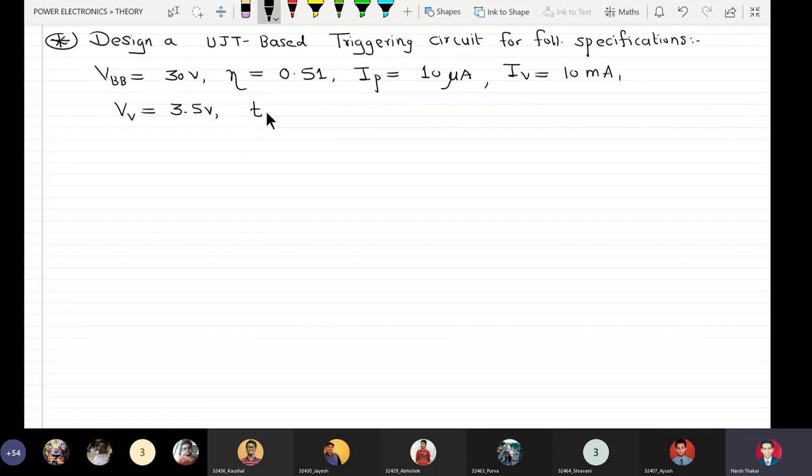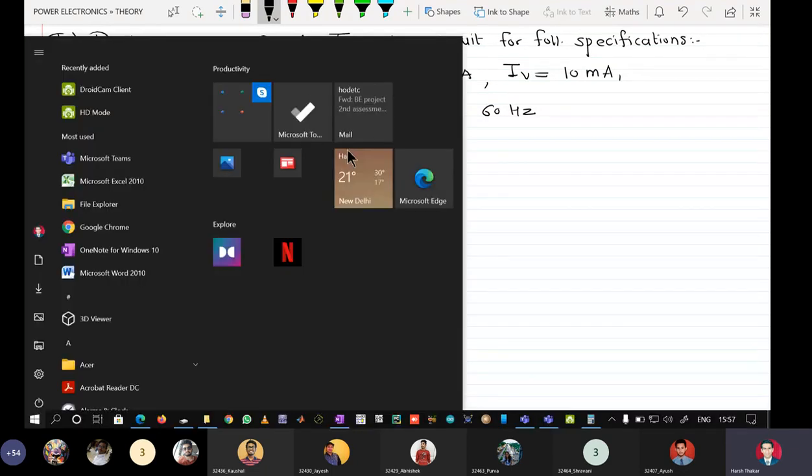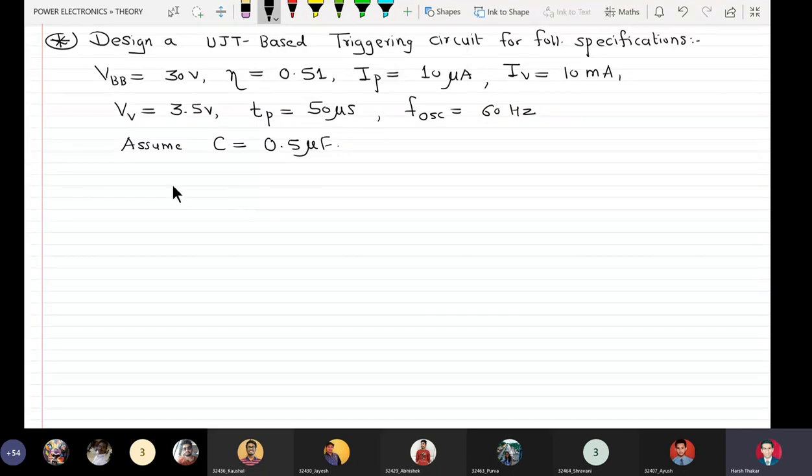The pulse width which is required to fire an SCR is equal to 50 microseconds, and the oscillator frequency should be equal to 60 Hertz. Okay, and it is given. Assume the capacitor C is equal to 0.5 microfarad. Okay.